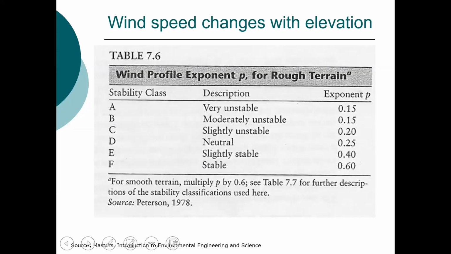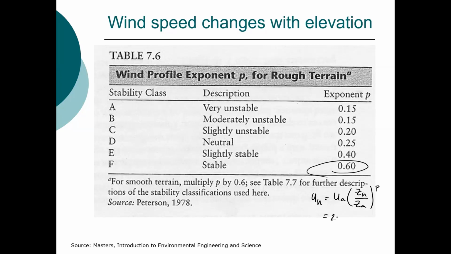The next thing we need to do is to determine the wind speed at the effective stack height. So we use the equation U sub H is equal to U sub A times (Z sub H over Z sub A) to the P. We have stability class F, it's a stable condition, so P is equal to 0.6. We'll assume that we have rough terrain.